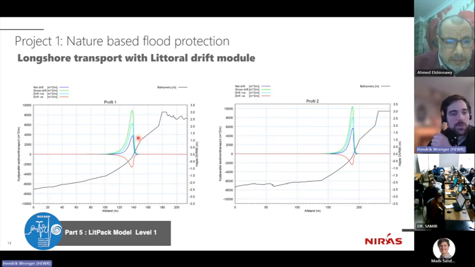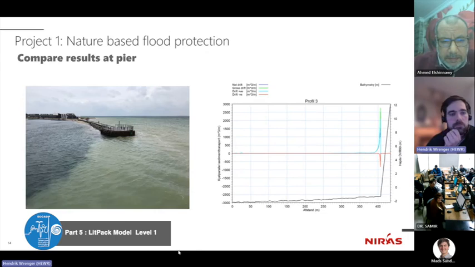So the net drift also has a direction. And then there's a gross drift, which is the sum of the absolutes of these two components, relevant for backfilling of channels, for example. So we get that in the three profiles.